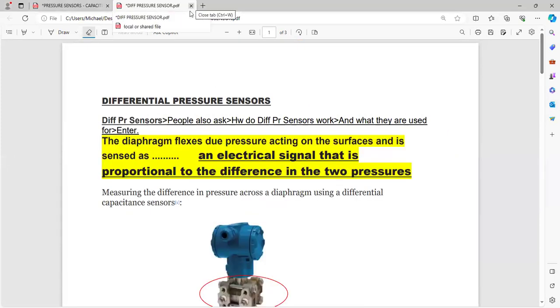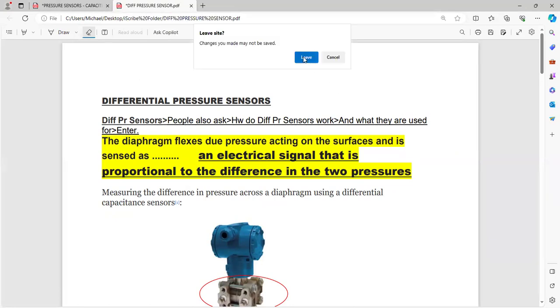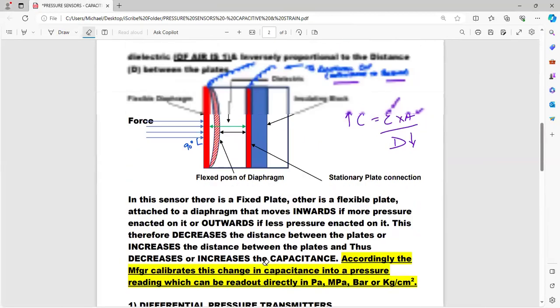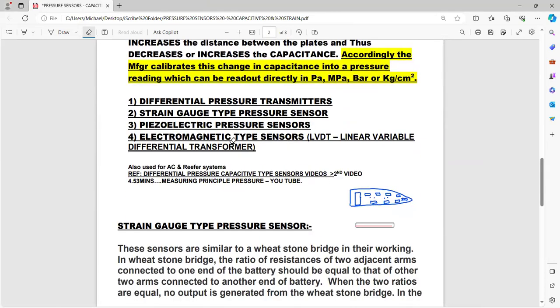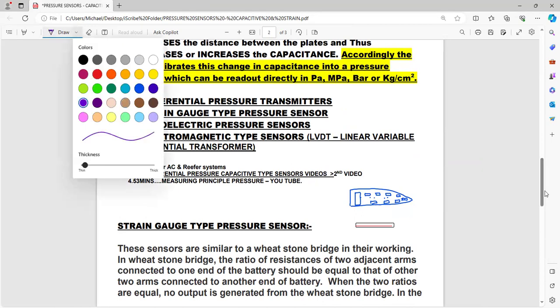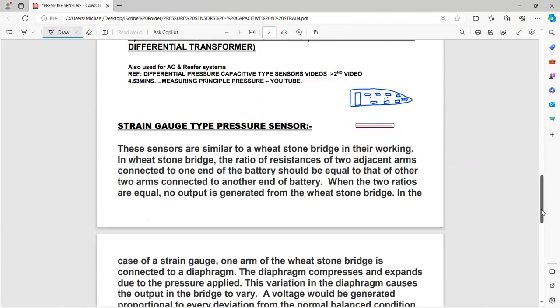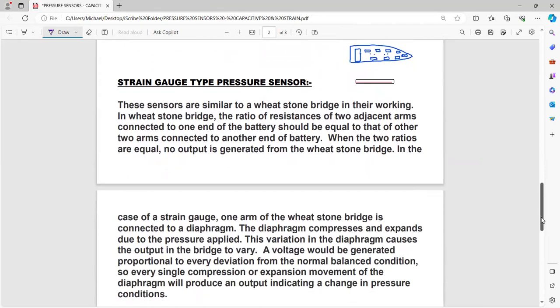Okay, so let's now continue. We finish with the pressure type. And now let's go to the strain gauge. Okay, the strain gauge type of pressure sensor.